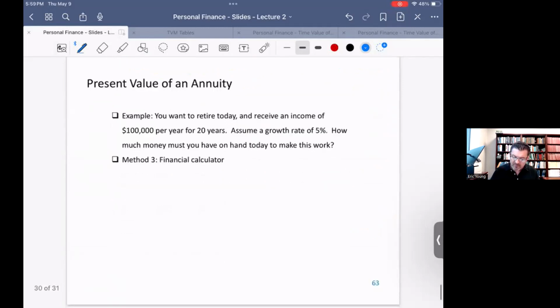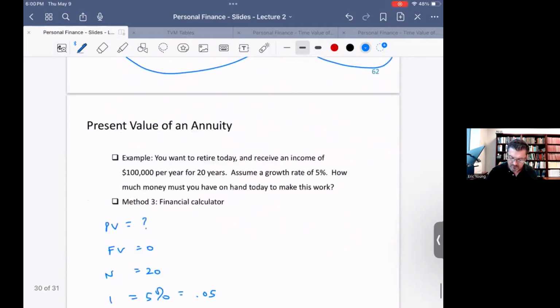The third way, again, financial calculator. PV is what we're solving for. FV is 0. N is 20. I is 5% or 0.05. And PMT is 100,000. We're hoping it comes out to 1.246 million.